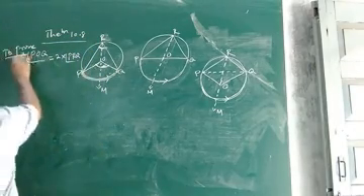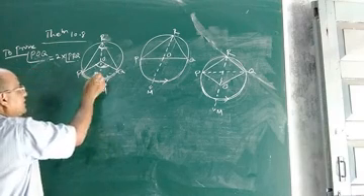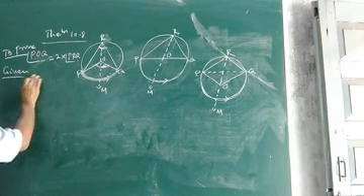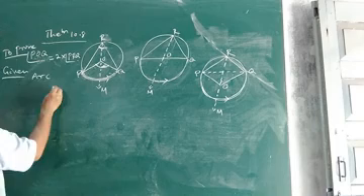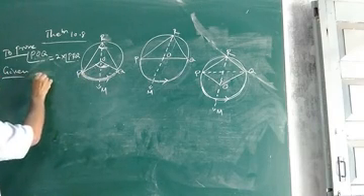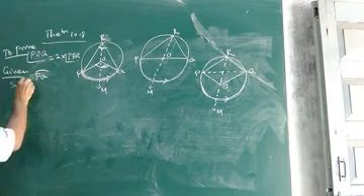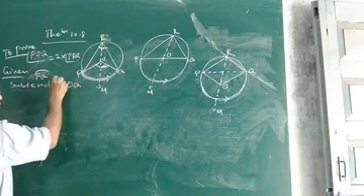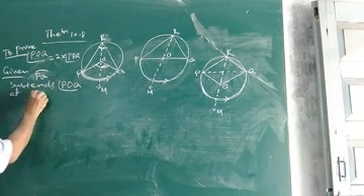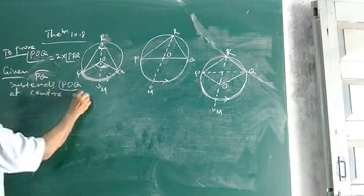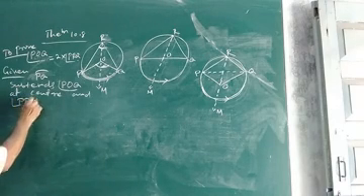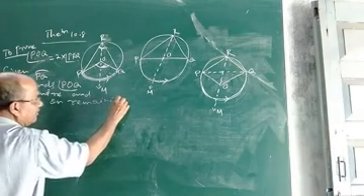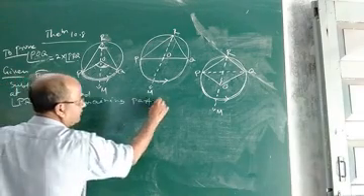Now to prove it, given is only a circle. Given is, you can write, given: minor arc PQ subtends angle POQ at the center, and angle PRQ on the remaining part of the circle.